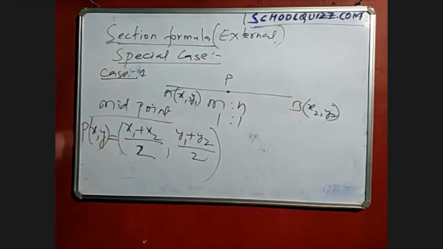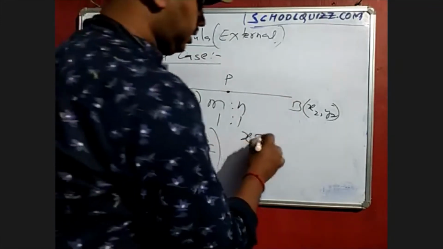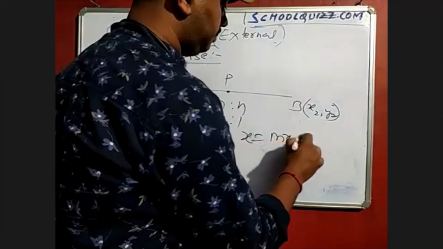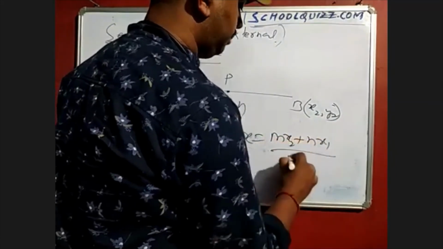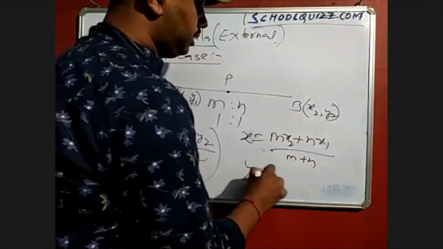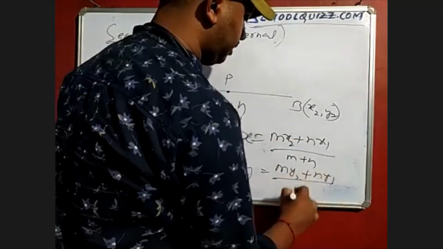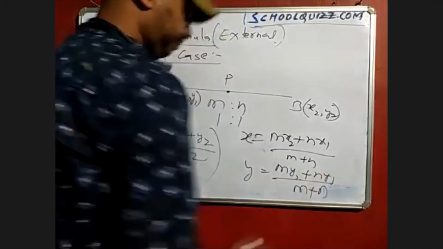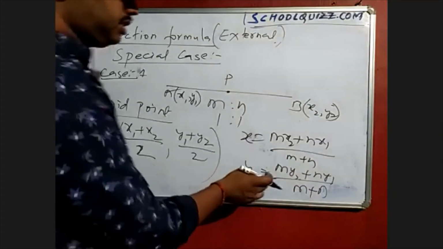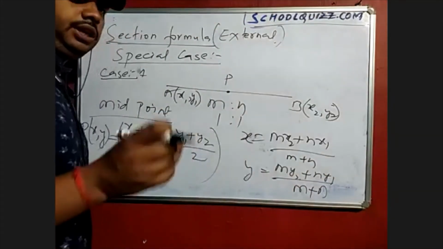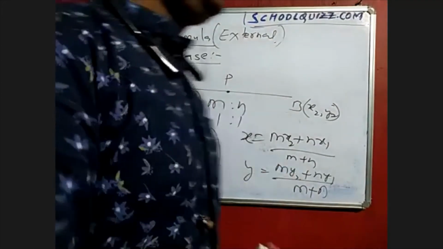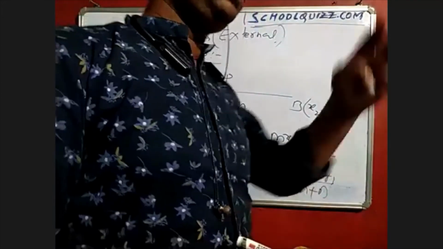But if it is a case of external or internal division, the x coordinate is mx2 plus nx1 divided by m plus n, and the y coordinate is my2 plus ny1 divided by m plus n. So if you see these questions, the logic behind the question is based on that formula only, or whatever the concept is.